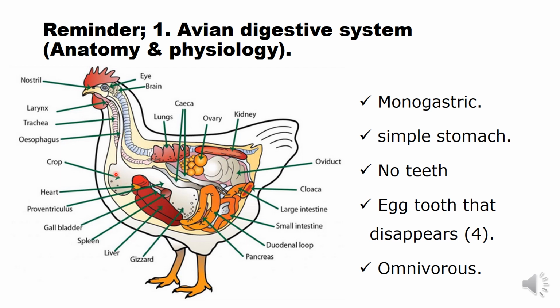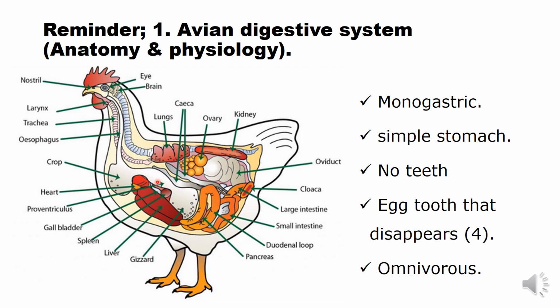In the crop, you shall see that the ingested feeds or food are temporarily stored. Then, as the proventriculus empties, the food moves into the proventriculus, the true stomach.